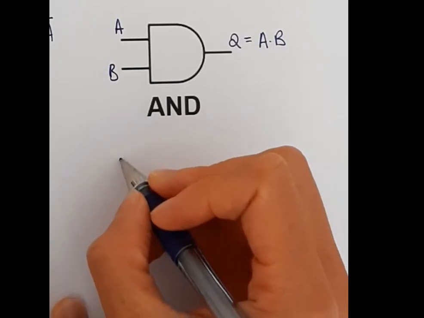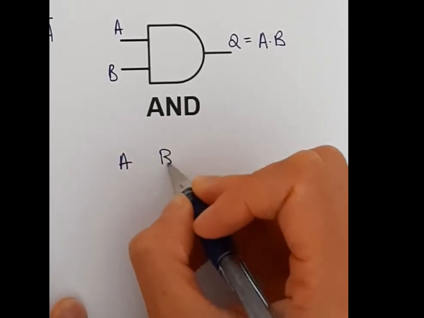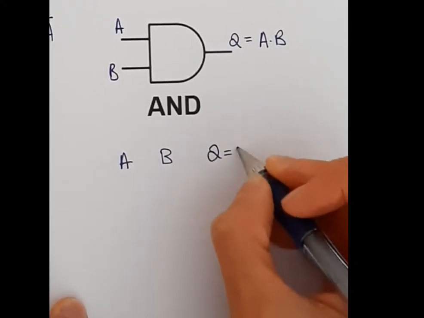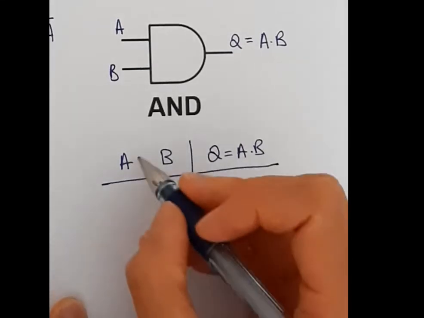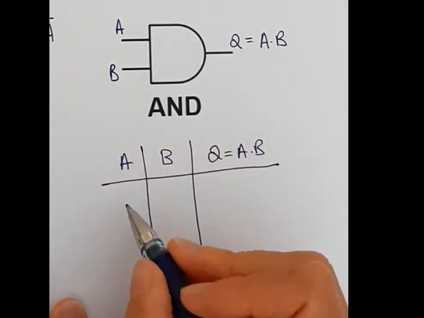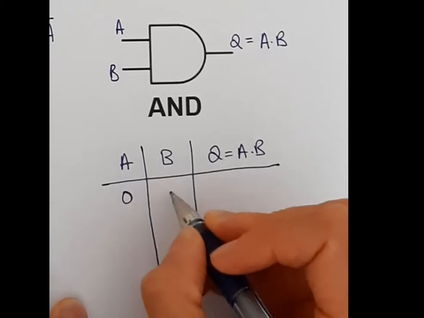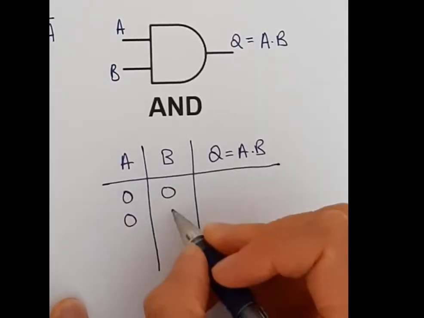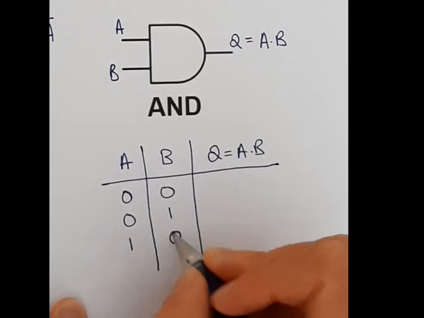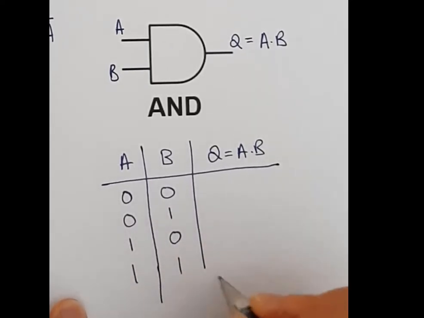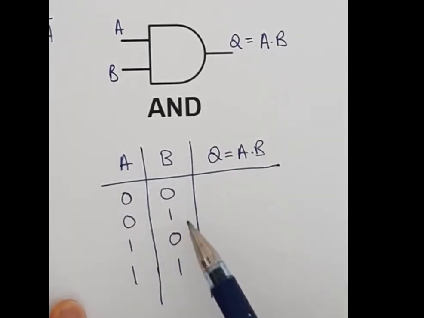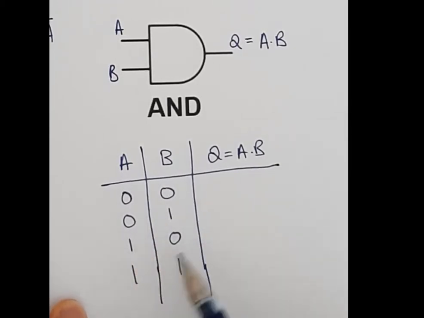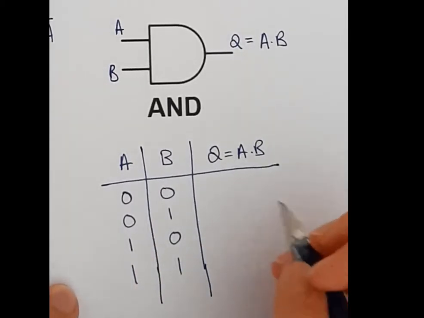So in my truth table now, I'm going to have two inputs, A and B, and I'm going to have one output, A B. A and B, this means. So now my possibilities for my input are 0 0, 0 1, 1 0, or 1 1. So be careful to always put this in the right order. So you're basically counting upwards. So 0 0, here you've got a 1, here the 1 is in this column, and then both are 1s. So the order is important.